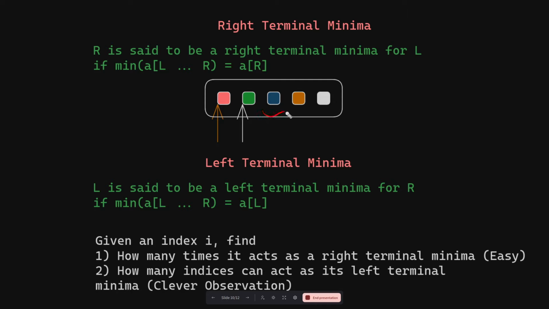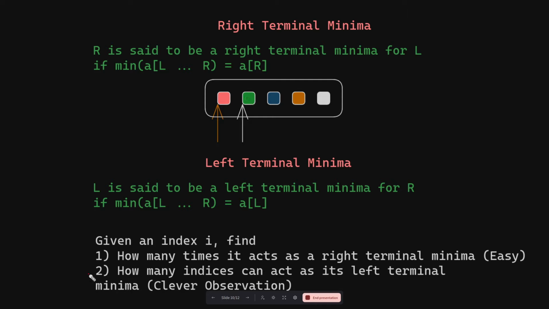So it is very easy to see that white will keep on acting as the right terminal minima until we encounter the previous smaller element, and from that point onwards white can no longer act as the right terminal minima. And finding out the previous smaller element is a pretty standard task that can be done via monotonic stacks.